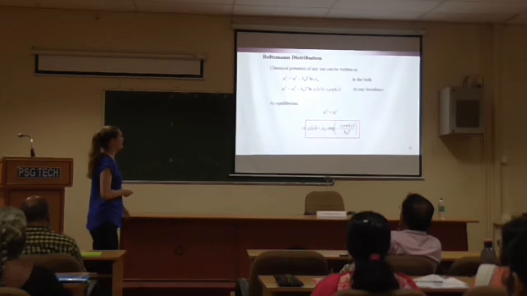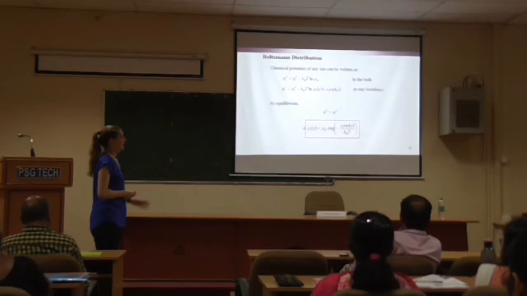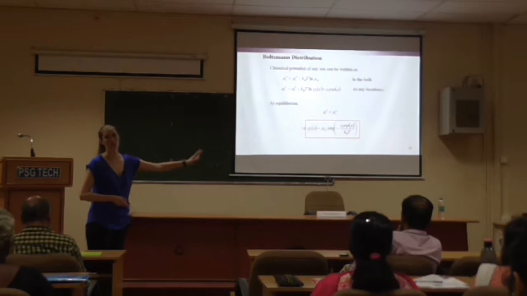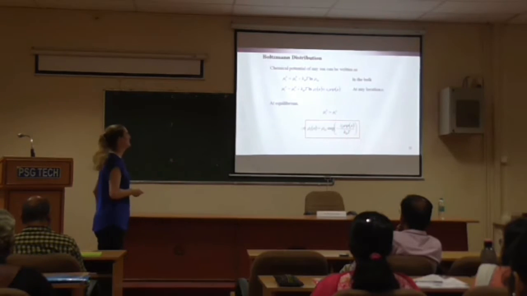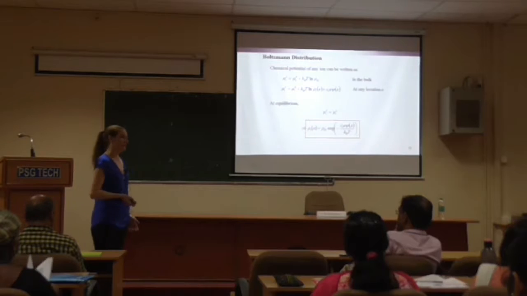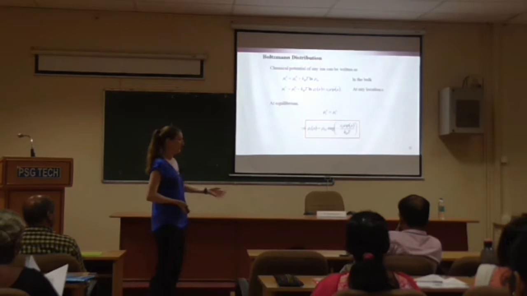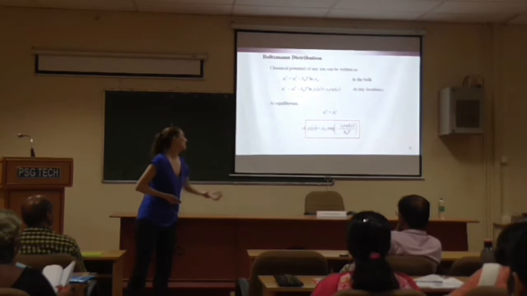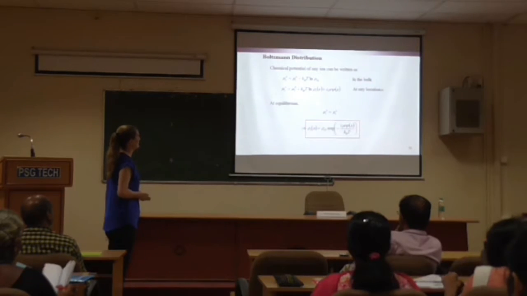It's the density in the bulk, so if I have 0.1 molar sodium chloride, I have 0.1 molar sodium ions, times an exponential which depends on the electrical potential. Why is that? If I have an electric field, my ion is going to move in the electric field. So that's the Boltzmann distribution.